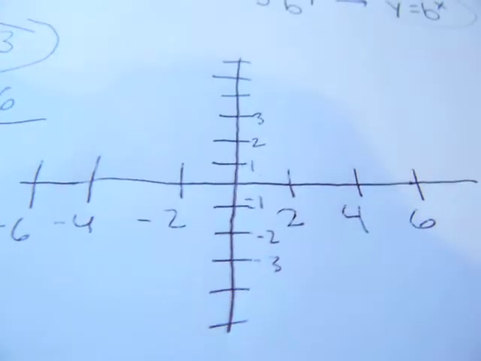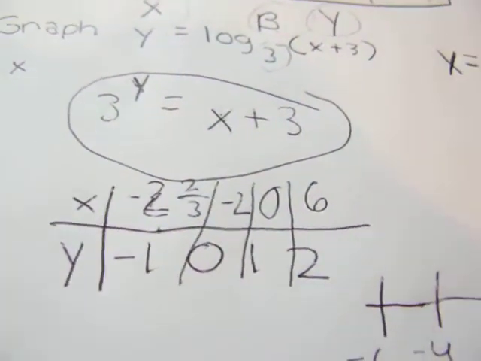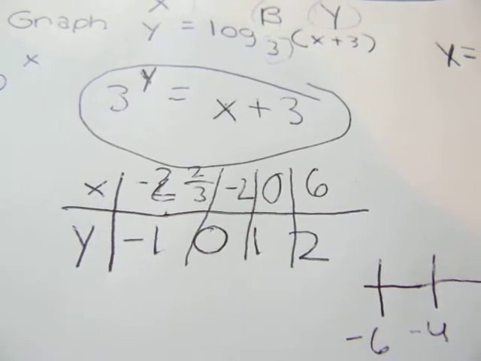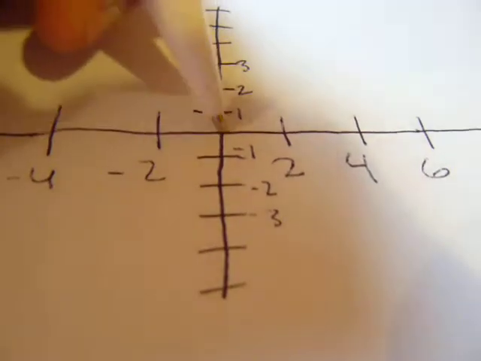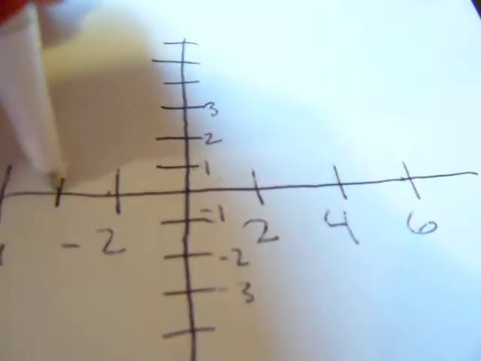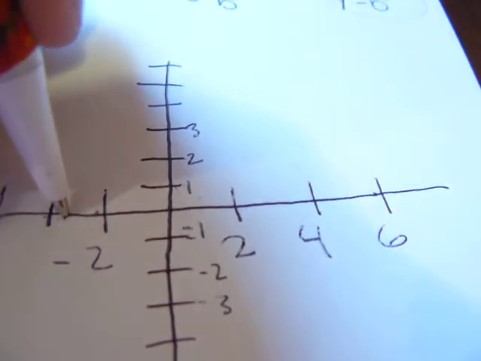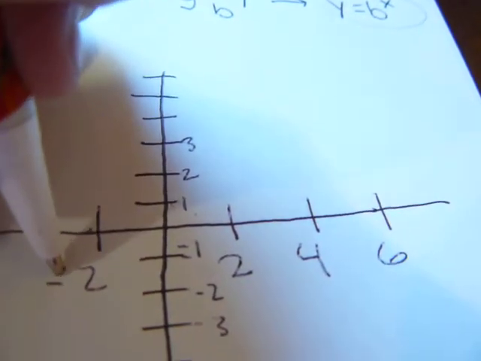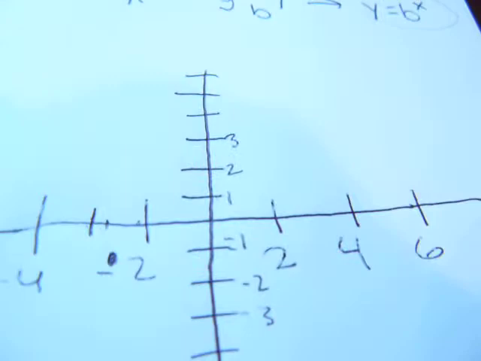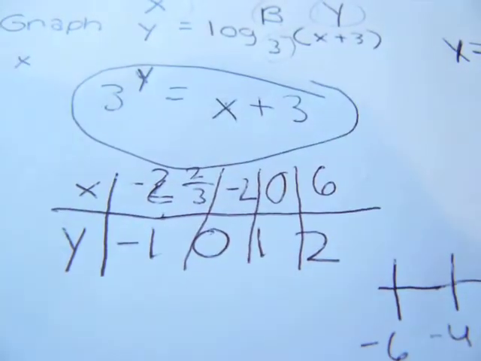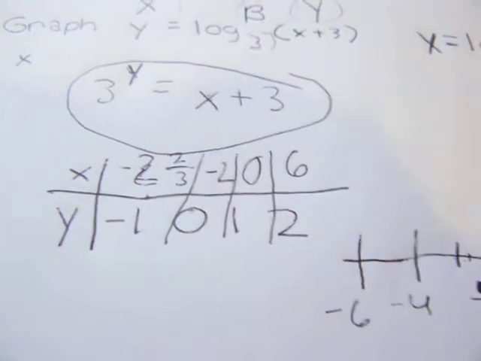So now when we plug in our corresponding values, we first have to plug in -2 and 2/3 and -1. So we go to -2, and this would be 3 here, and 2/3 and -1. Next, we have to go to -2 and 0.